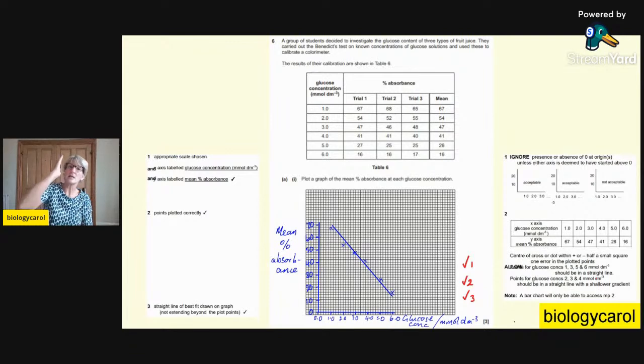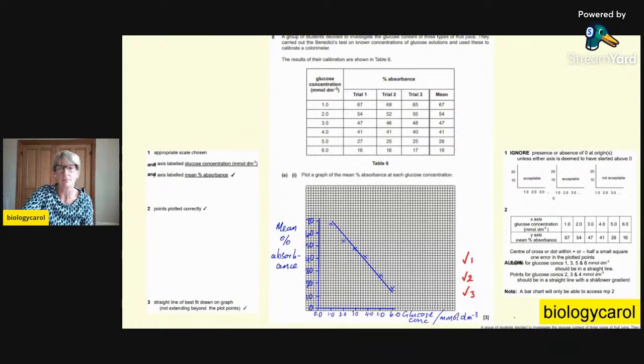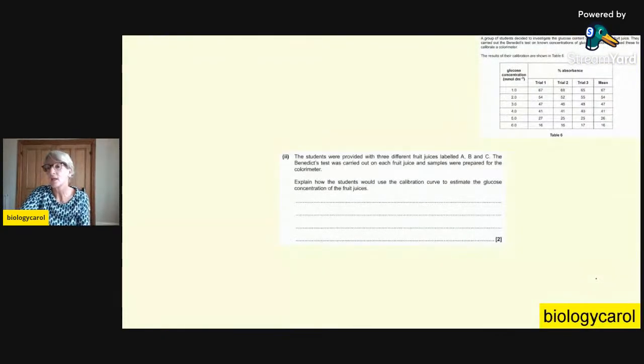It is either a smooth curve or a straight line. It's showing the accurate trend of the data, with equal points either side of the line. If you can manage it, as much as you can, equal distances between the points and the line. Hopefully that makes sense.